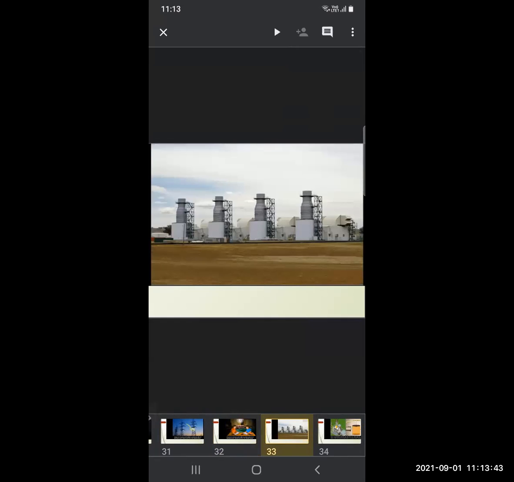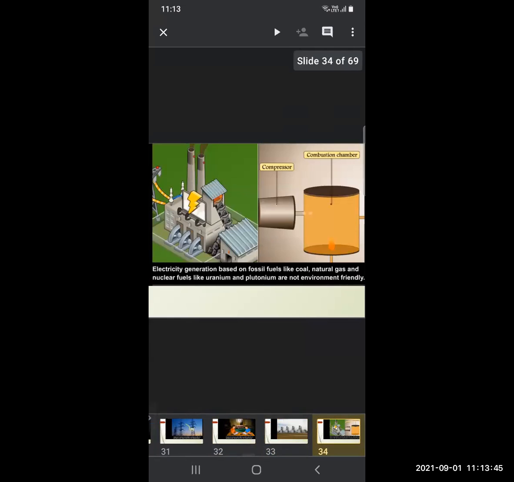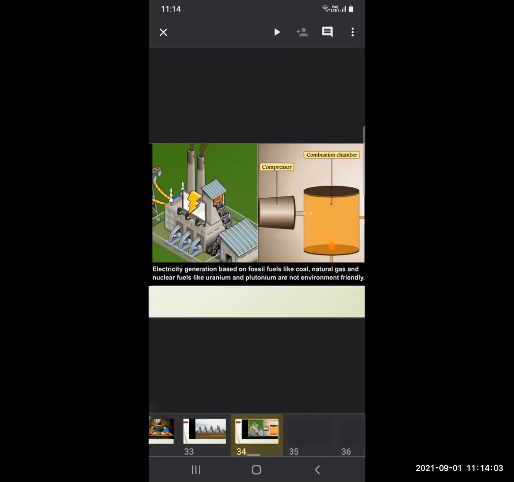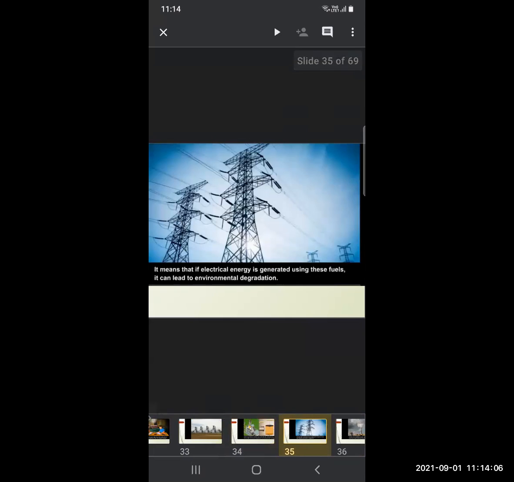So the power plants: electricity generation based on fossil fuels like coal, natural gas, and nuclear fuels like uranium and plutonium is not environment friendly. It means that if electrical energy is generated using these fuels, it can lead to environmental degradation.